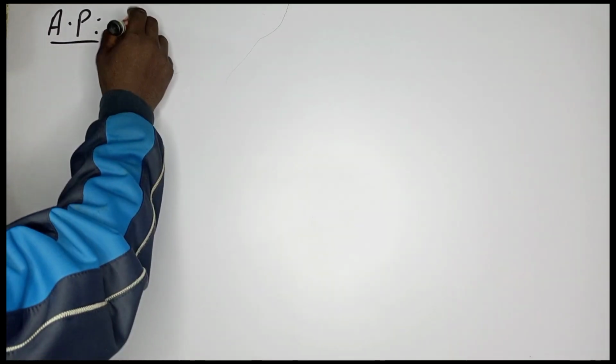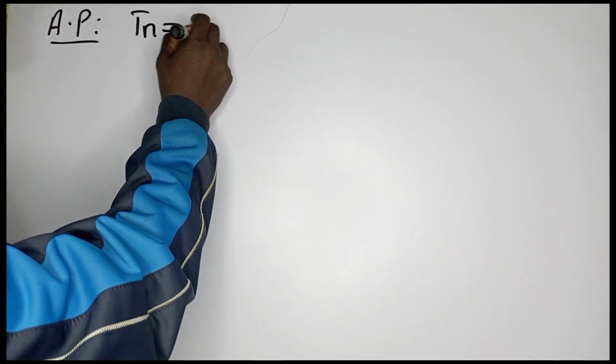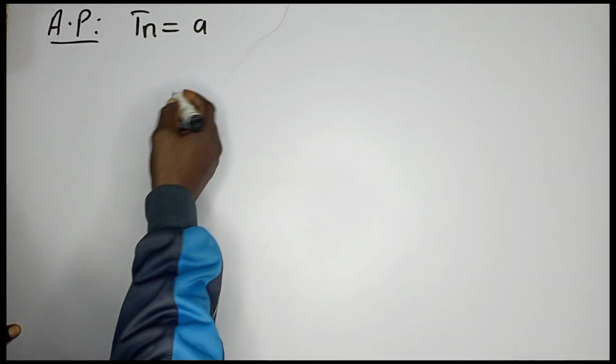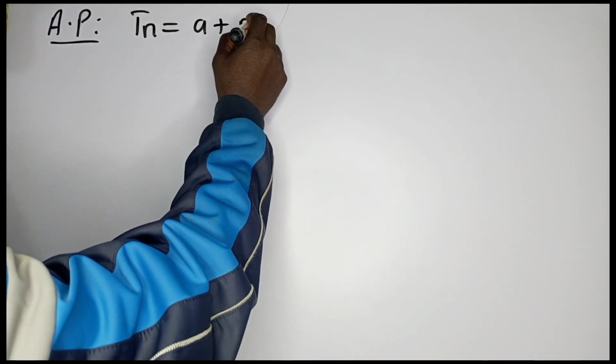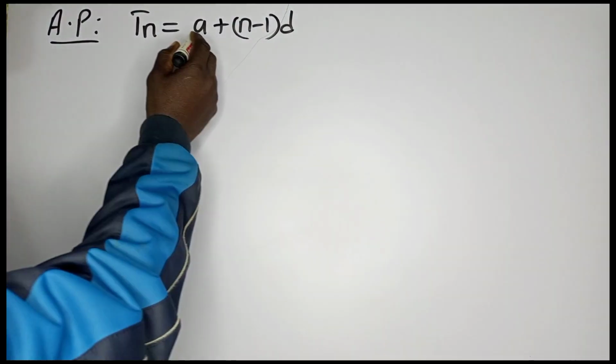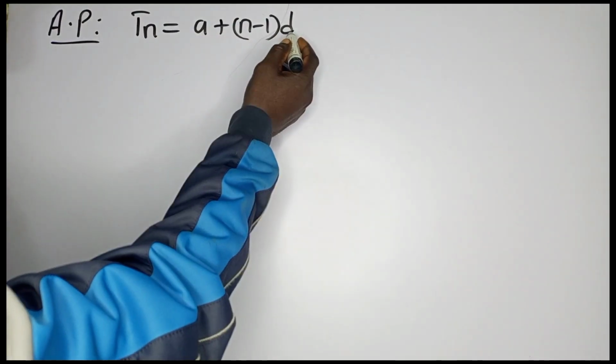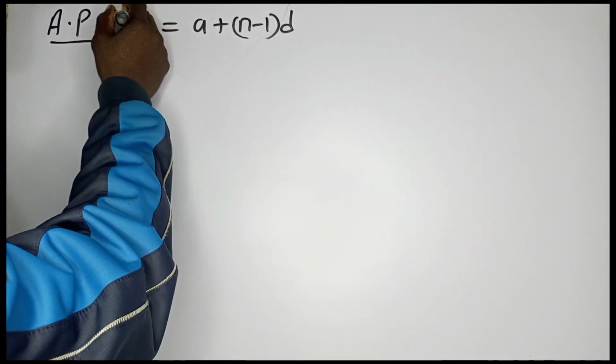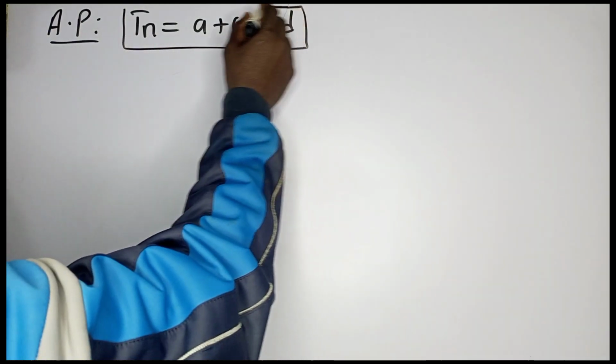Any general term of an arithmetic progression, Tn, if we call our first term A, is A plus (n minus 1) multiplied by the common difference D. This is our first term, this is our common difference, and this is the expression for the general term of an arithmetic progression.